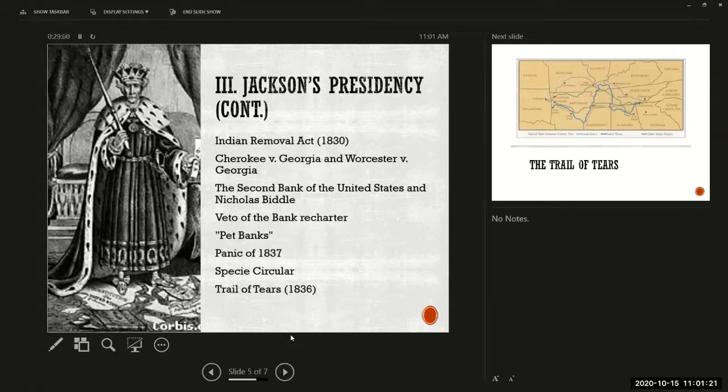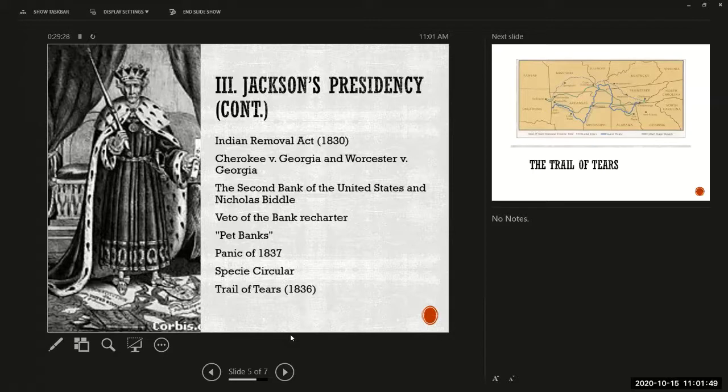But moreover, the Bank of the US was this weird money-making machine that Jackson thought was harming the people. He didn't believe in paper money. The bank was issuing paper money. He thought it was a swindle. He thought that individual farmers and modest people were being kind of swindled out of their life savings.